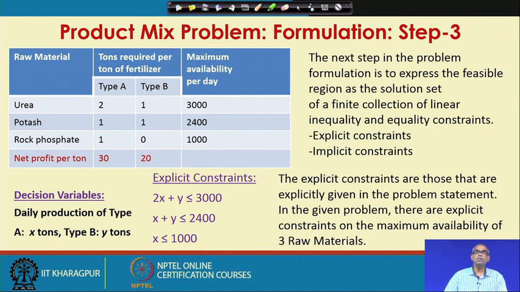The feasible region is the region where if you take a point, the point will satisfy all the constants simultaneously, and we have to look for the optimal solution within this feasible region. So, the constants together will determine or define the feasible region.